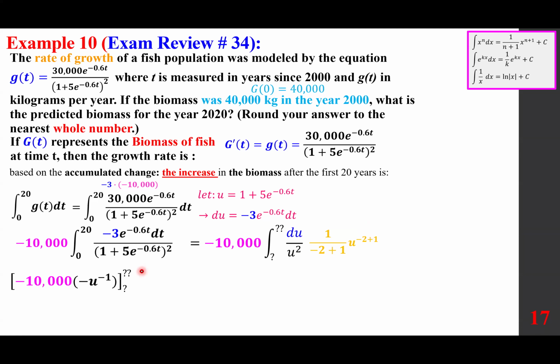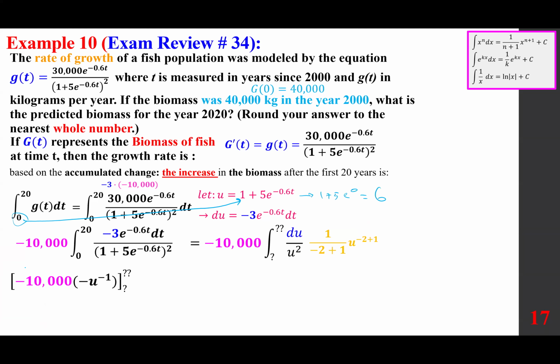Again, I didn't put the limits, but what are the limits? Let's plug in. If you plug in 0 into u, gives you 1 plus 5 e to the power of 0, which is 1 plus 5 times 1 over 6.